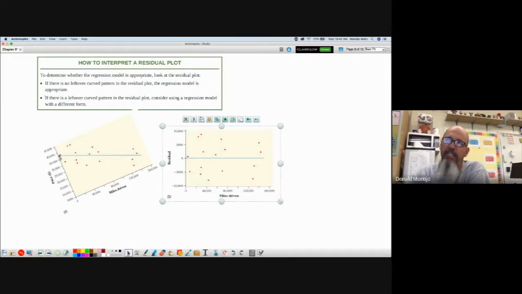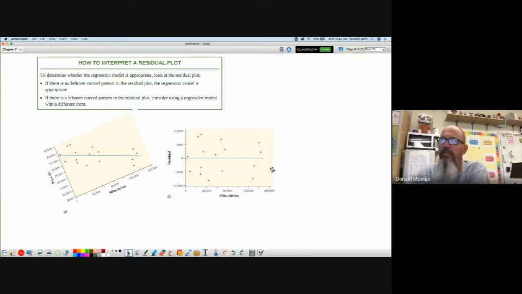Basically all it's doing is taking this original graph and turning it horizontal so that the LSRL, the y hat, the prediction line, is now a horizontal line. And we're looking at these vertical distances each point is away from the line.